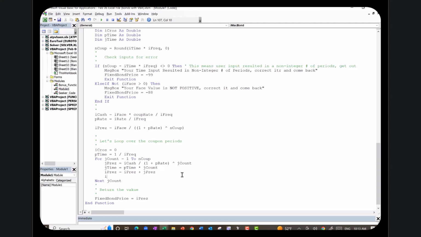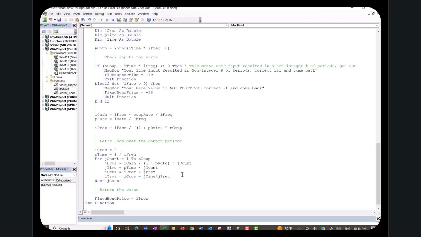And all I have to do is take iCross plus J time times J pres. Remember, J pres holds the present value of just that cash flow.